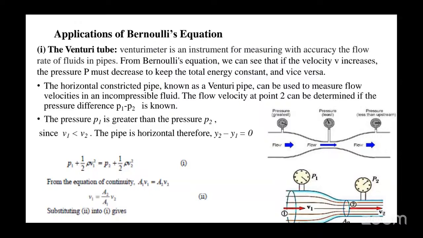So if we eliminate V1, we write V1 in terms of V2 using the continuity equation. That is V1 is equal to A2 over A1 times V2.